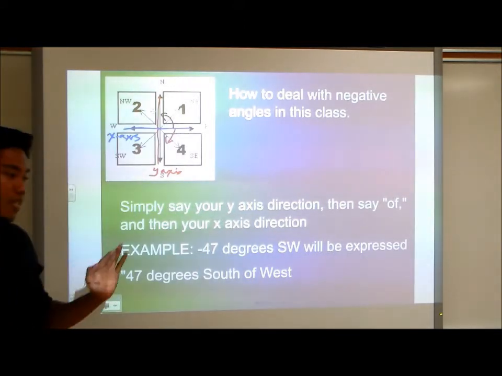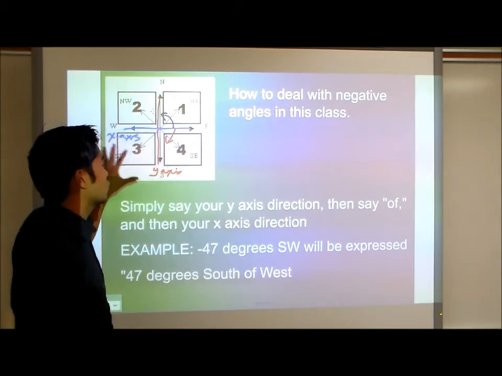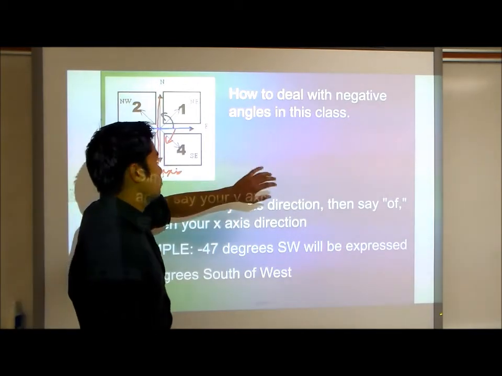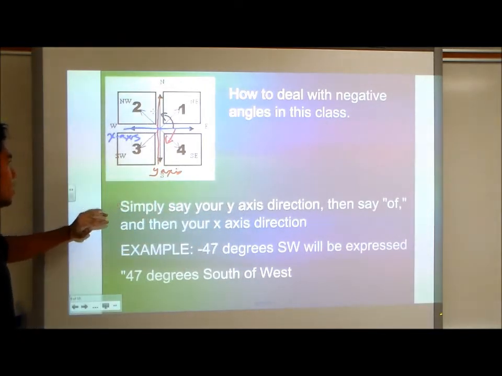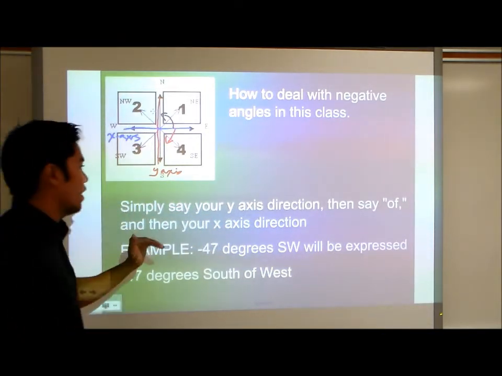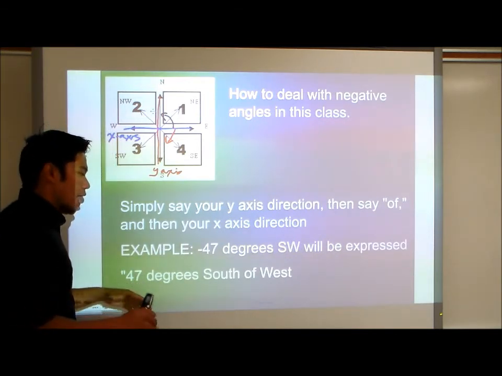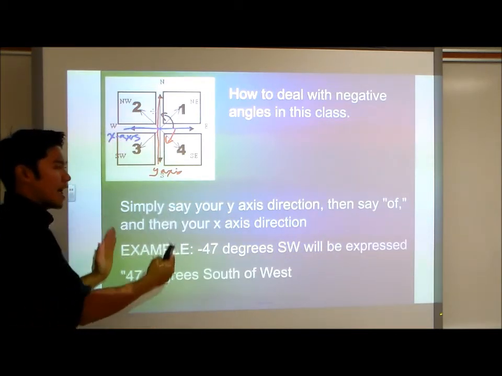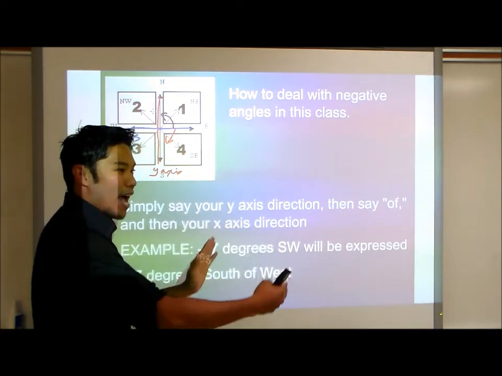Now, this is just a regular physics class, so we're not going to get into too much detail there. But the way that we're going to handle this is that if we have a negative angle, we're just going to call it a positive, and then just use the x-axis or the y-axis.